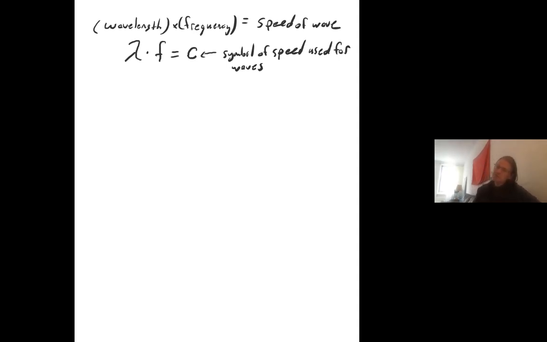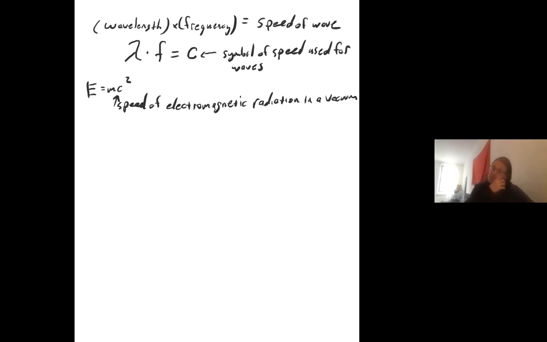You've seen it in terms of Einstein's theory of relativity, E equals mc squared. The c that's in that equation, right? You've seen this? That's the speed of electromagnetic waves in a vacuum. That's where that comes from, okay?